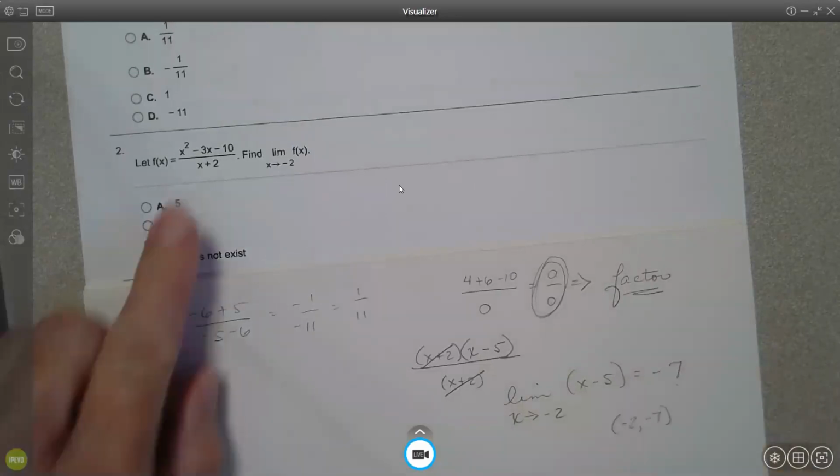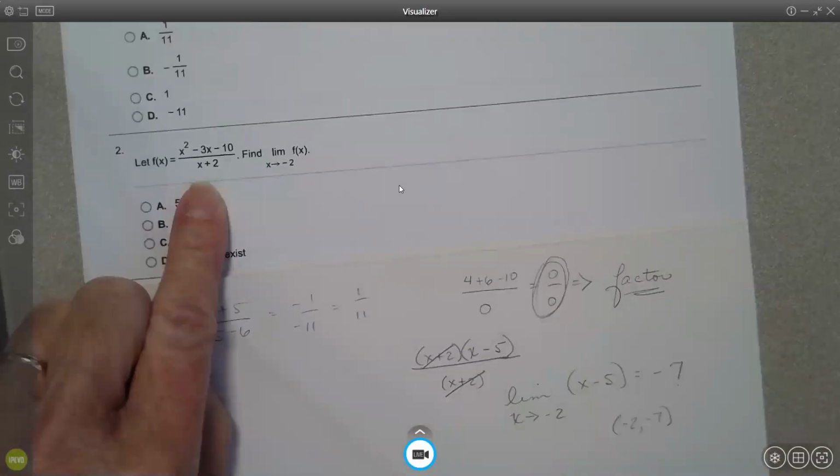And remember how we would put on the left side maybe a -2.001, and on the right side a -1 point bunches of 9s, and that would help me determine that I'm getting closer and closer to -7.